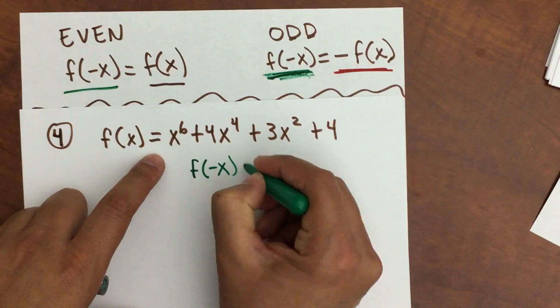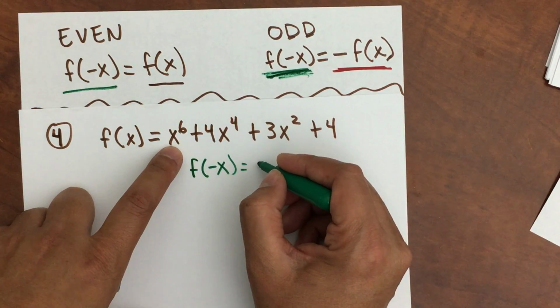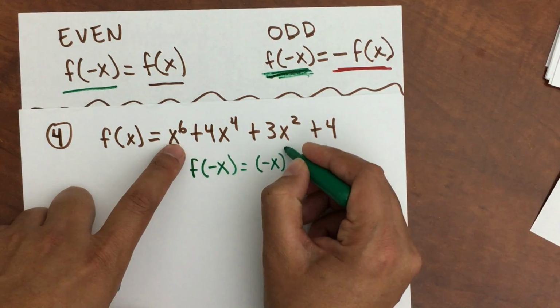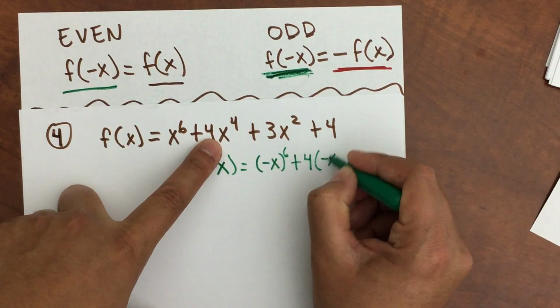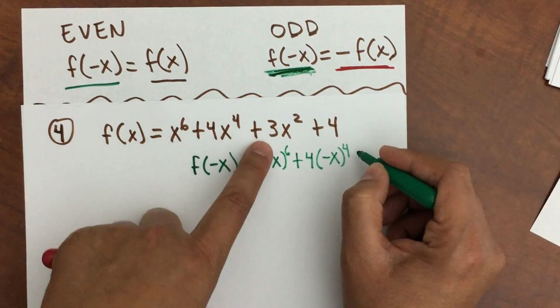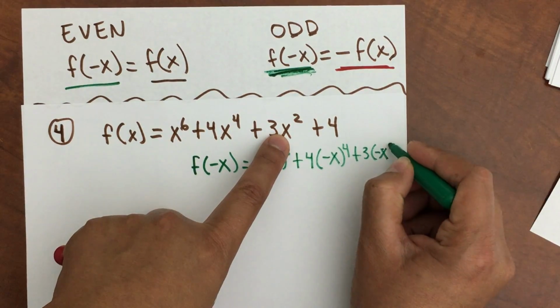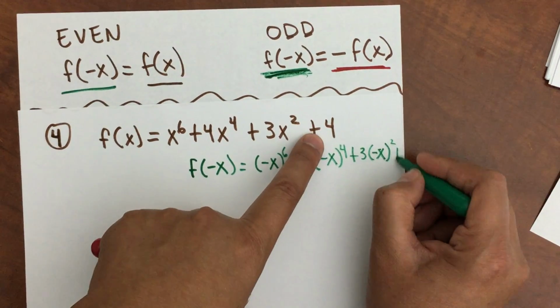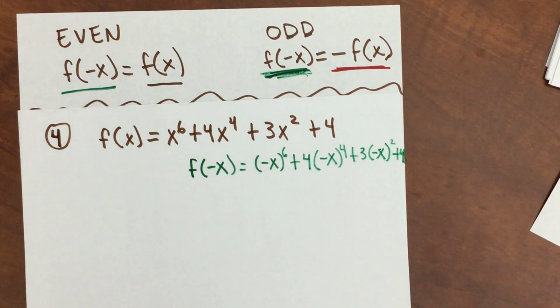F of negative x means change all the x's by negative x's. It's gonna be negative x to the 6th plus 4 times negative x to the 4th plus 3 times negative x to the 2nd power plus 4.